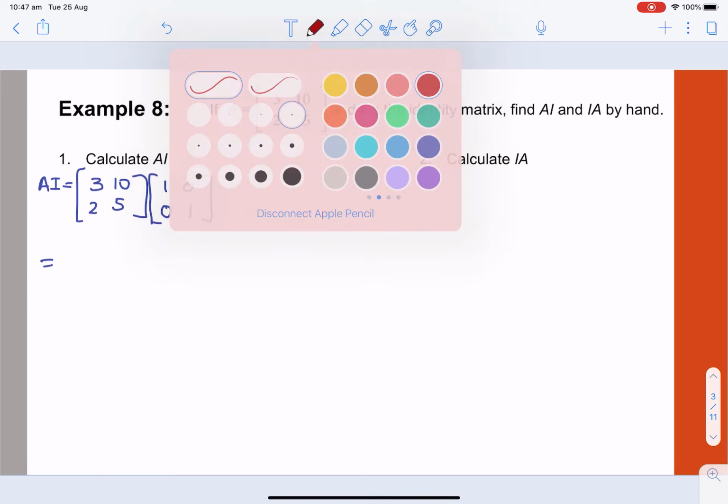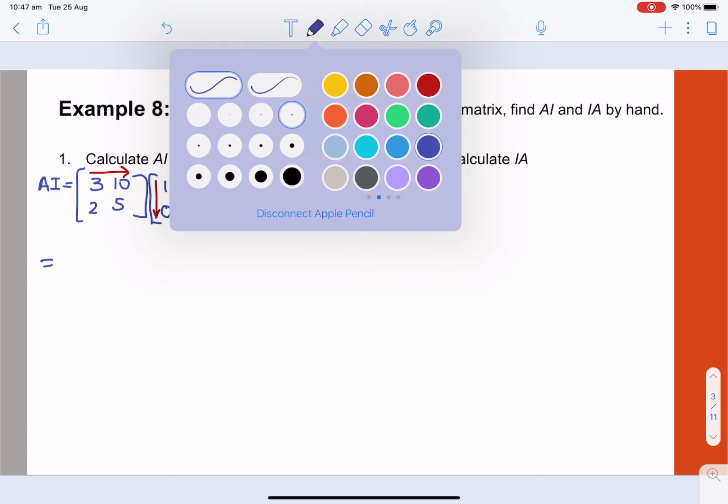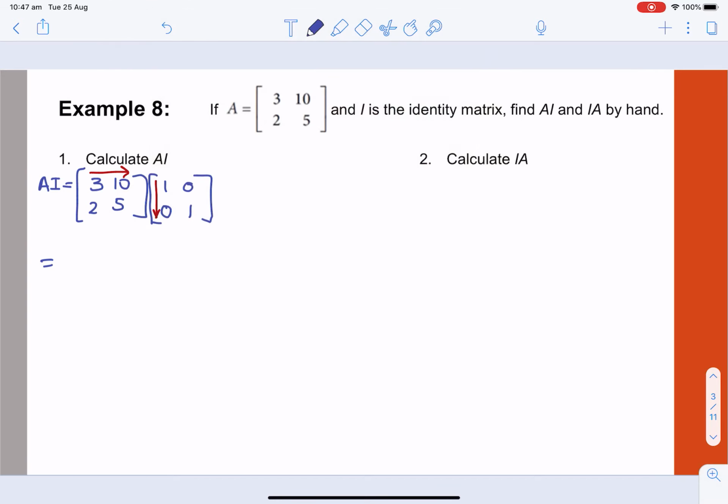Using the same method we learned in multiplication of matrices, we go across first. So we go 3 times 1, 10 times 0, and we add them together. Then we do 3 times 0 plus 10 times 1, still that top row and that second column.